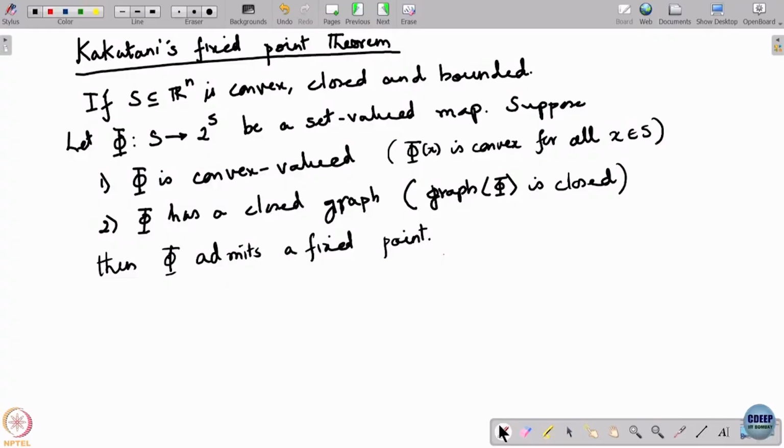So, applying Kakutani's fixed point theorem, we are going to get to Nash's theorem. So, this is Nash 1.